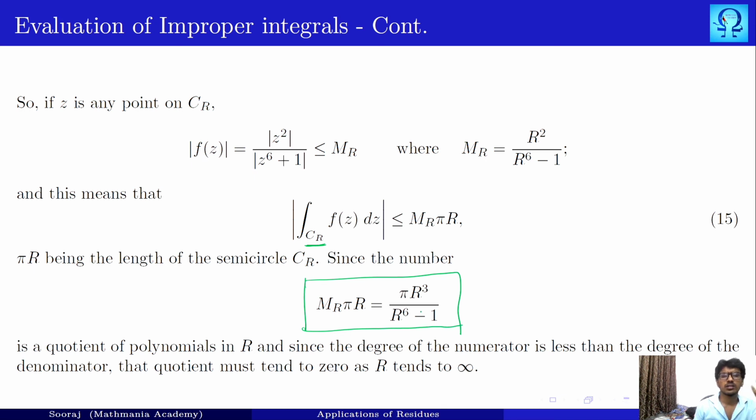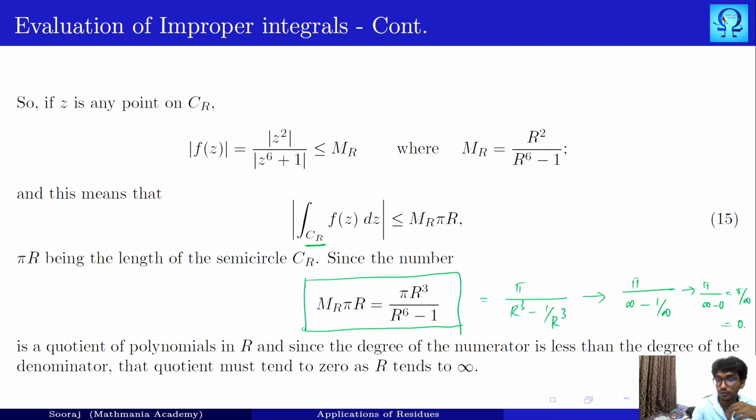One way of doing it is that I just cancel r cube in the numerator. So it becomes r cube minus 1 upon r cube. Am I right? So when I make r go to infinity, I would get pi upon infinity minus 1 upon infinity. So this is nothing but pi upon infinity minus 0, which is pi upon infinity, that is 0.